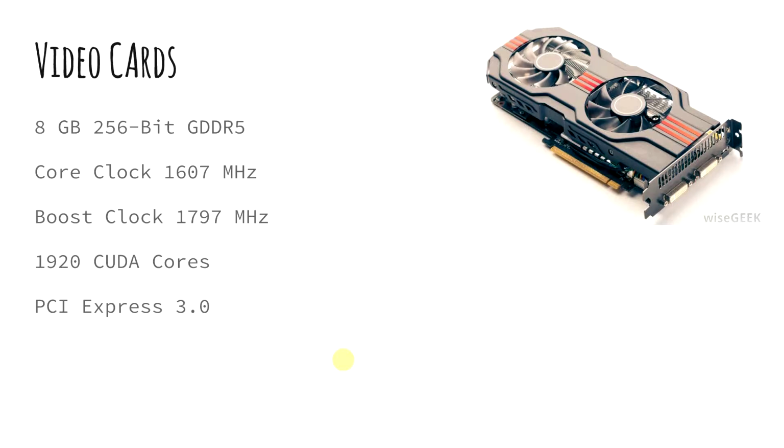So the more cores, the better. You really can't go wrong with more cores in any way. What we should note though is that you cannot compare the cores across manufacturers. AMD and NVIDIA are the two really big graphics card companies, and the number of cores may be different from one to the other. You can't say that 1,000 cores of one equals 1,000 cores of the other. It doesn't quite work that way.